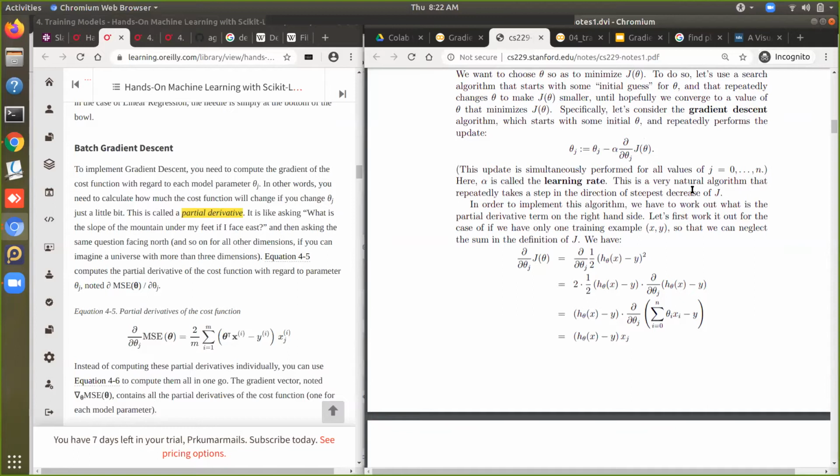Then the vector of those partial derivatives is called the gradient. There is much more depth inside; I don't have that much knowledge, and so far I have understood it like this. So the gradient is a vector of partial derivatives, and if we have, say, 5 theta values, then we have 5 partial derivatives.